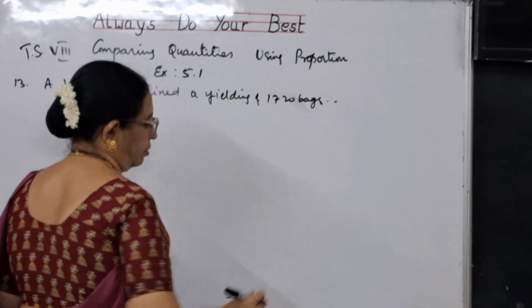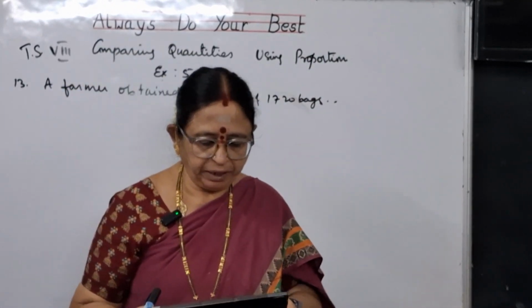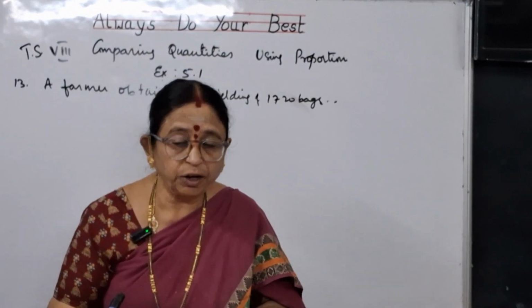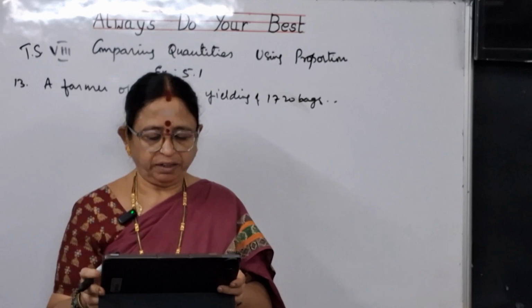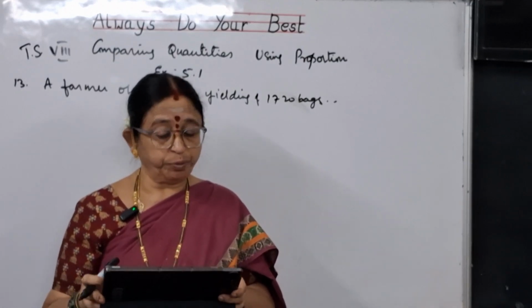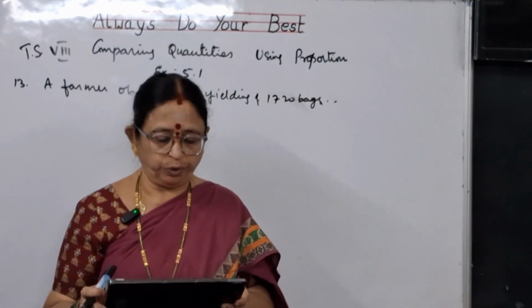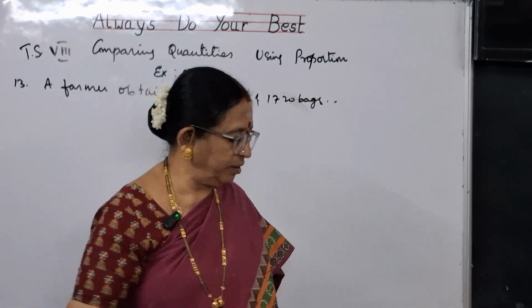It goes on like this. Let me read. A farmer obtained a yielding of 1720 bags of cotton last year. This year, she expects her crop to be 20% more. How many bags of cotton does she expect this year?